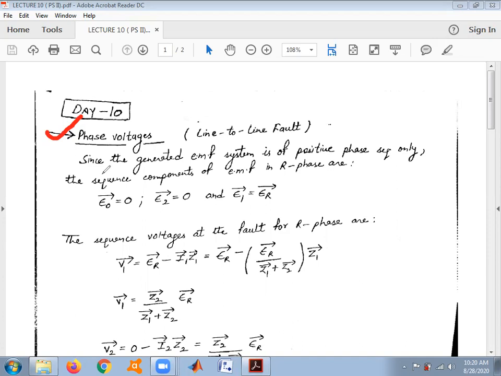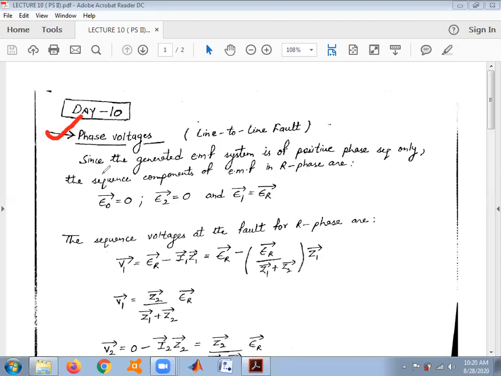By making these assumptions, we are going to do analysis for the unsymmetrical faults. In the previous two classes, I had discussed single line to ground fault in detail. A fault may be a single line to ground fault, line to line fault, or double line to ground fault. In all these three categories, we have to calculate only two things.